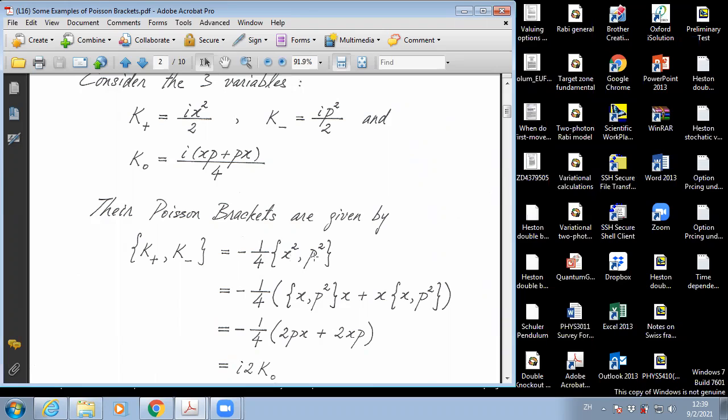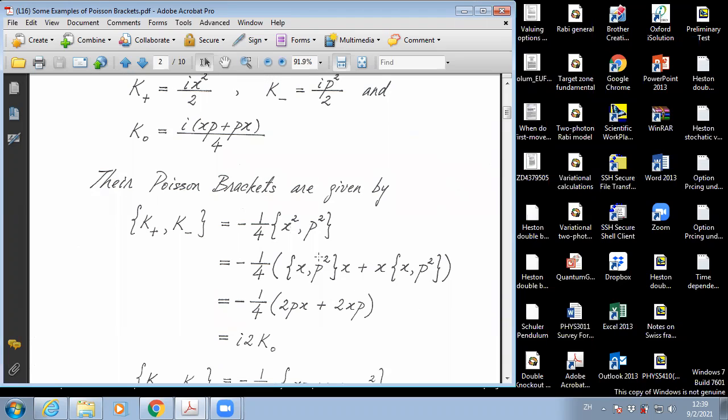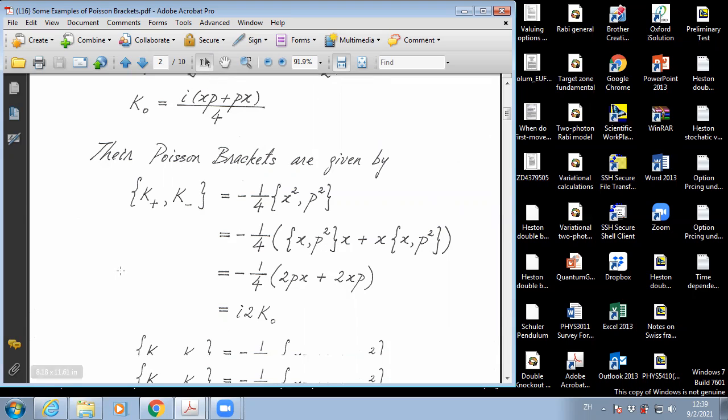Then we apply the distributive law, evaluate x and p squared, and apply the distributive law again. So we have 2p for this Poisson bracket, and we find that the two Poisson brackets give the same answer.